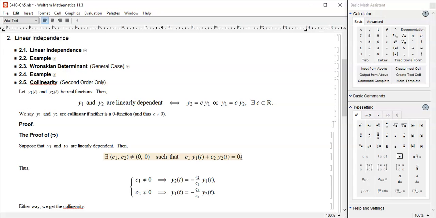You see, if c1 and c2 are both 0, that doesn't give us dependence. So one of them is non-zero. What if c1 is non-zero? Just divide by c1 and then solve for y2.